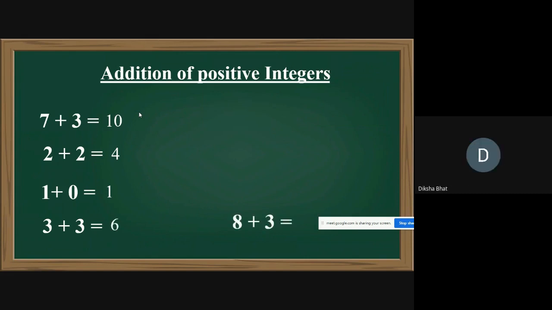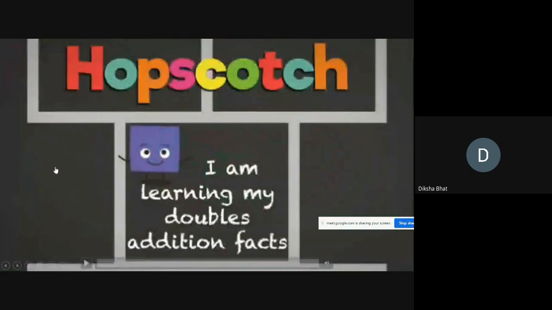Correct. 8 plus 3. 11. Correct. 2 plus 0. 2. Correct. 1 plus 7. 8. 6 plus 3. 9. Correct. Now let's watch this video.